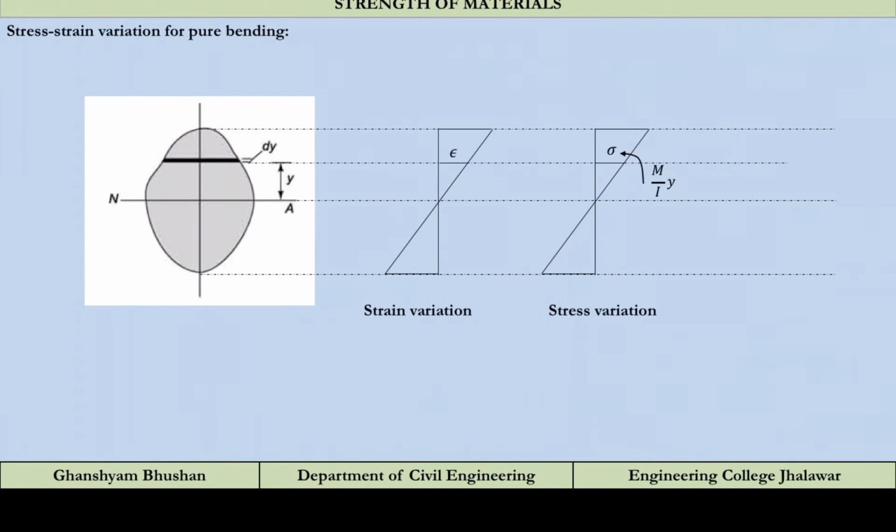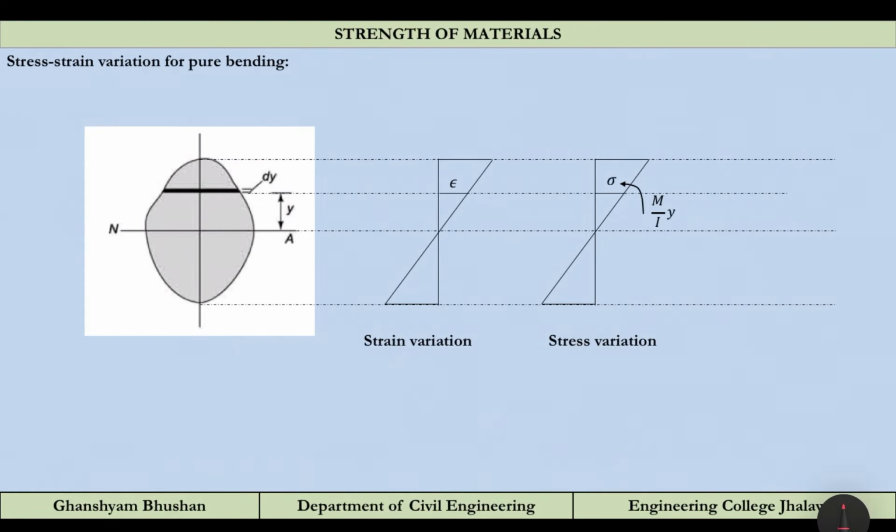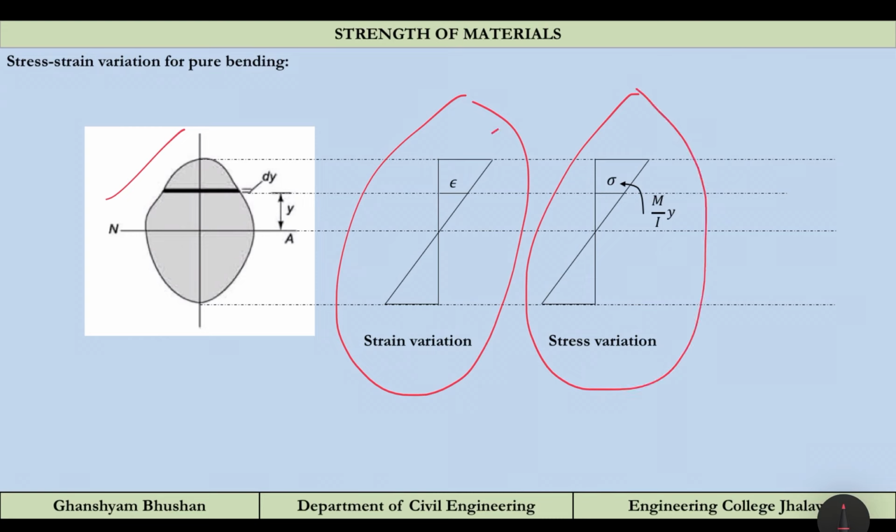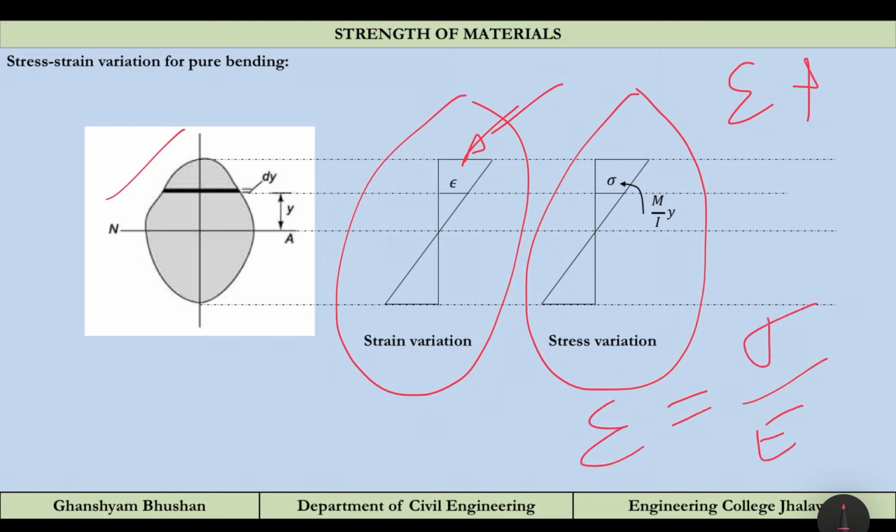This interpretation of stress variation from the pure bending equation can be seen by this diagram. The section can be of any shape, but the strain variation and the stress variation is going to be the same, linear. So strain is linear, this was our assumption. And if strain is linear, then what was strain? Strain is nothing but sigma by E. What is sigma?